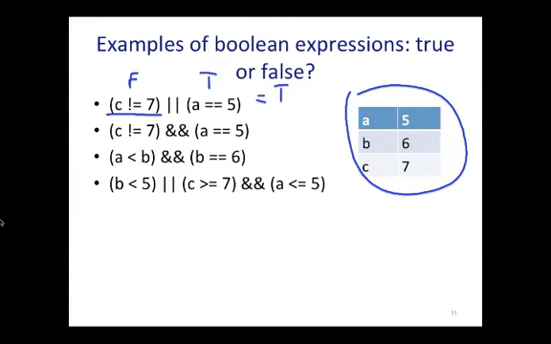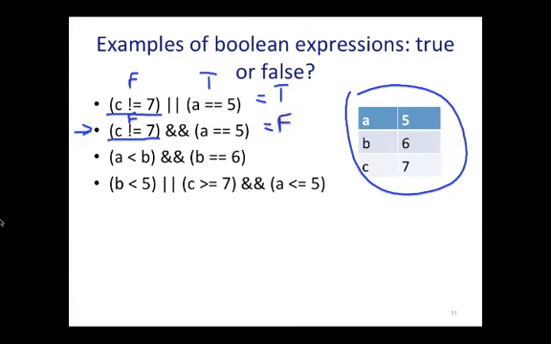Okay, this statement right here is the same as the previous one, except that now we're combining the two sub-expressions using and. So it's enough to make it false if either sub-expression is false, and since C is 7, this expression is false, and therefore the whole thing evaluates to false.